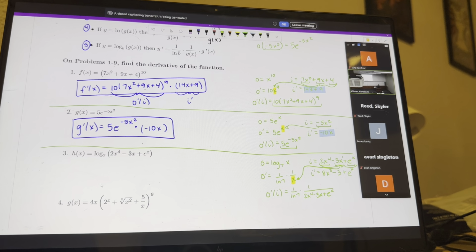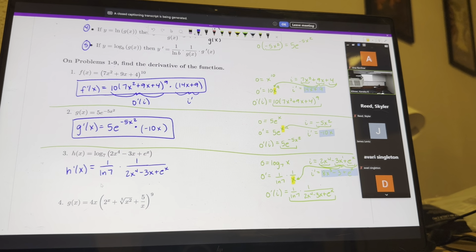And so then our derivative is going to be this O prime of I times our I prime. Come over here, h prime of x. The derivative of the outside evaluated at the inside would be 1 over the natural log of 7 times 1 over 2x to the 4th minus 3x plus e to the x.